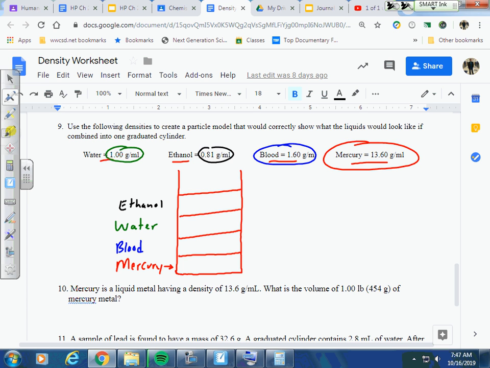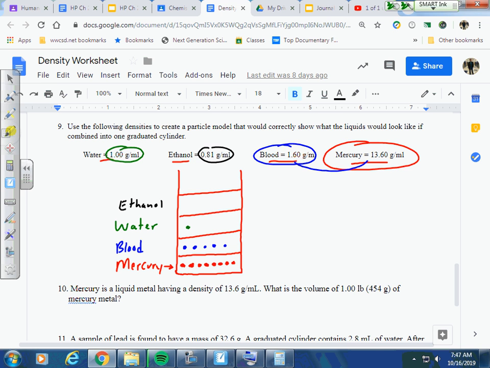All right. So the most dense, I'm going to put the particles closest together. Maybe do something like that. And then I'm going to do a little more spaced out for these guys. Actually, that's a pretty big difference. I should do them a lot more spaced out, but it's the idea, it's the concept.